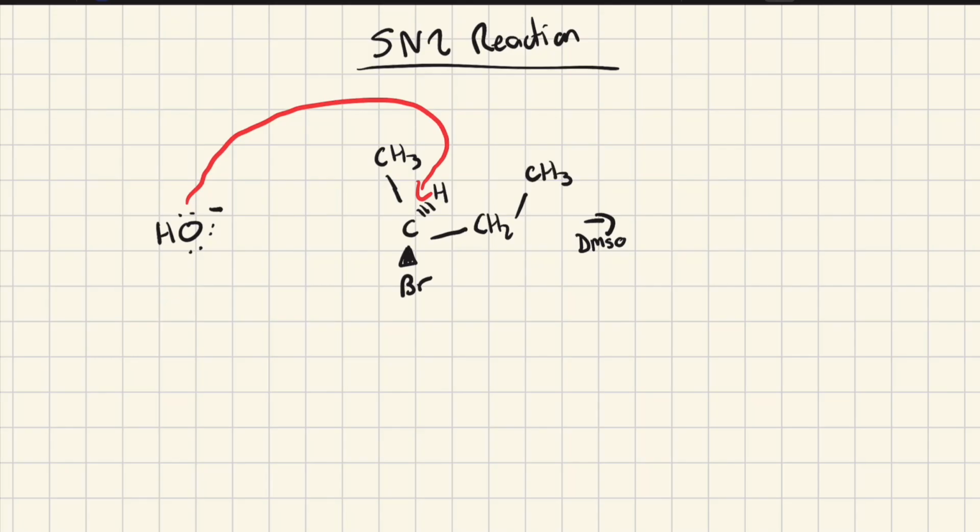But what we're going to have as our product is our hydrogen, which was on a dash, now be wedged. And since the stereochemistry does matter, it's stereospecific, our hydroxide group is going to be the one that is now dashed. So we can put that on the dash and then draw everything else just like normal. And then we would have our bromine anion as well.